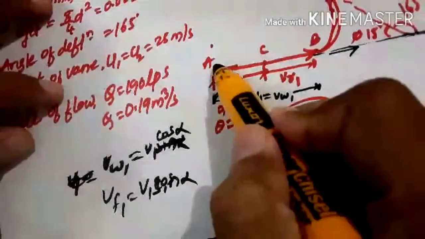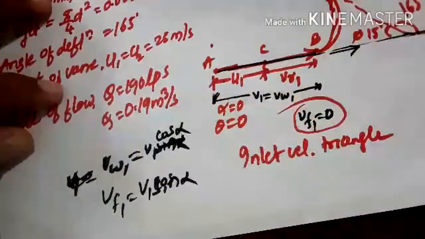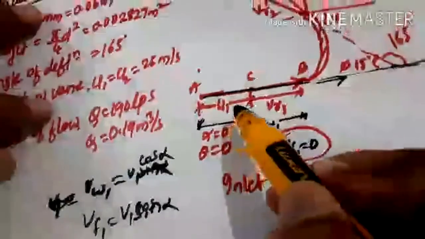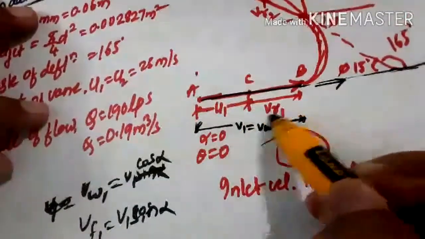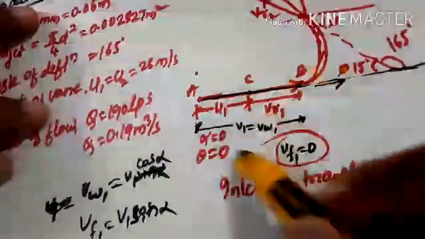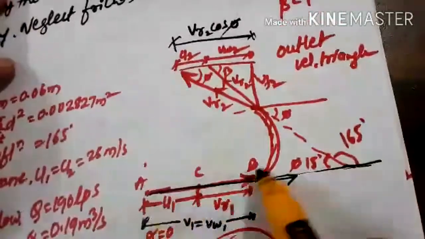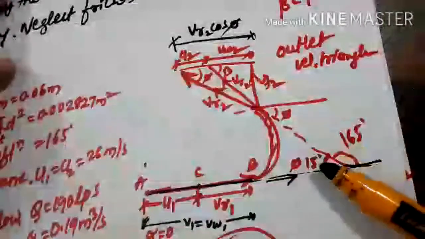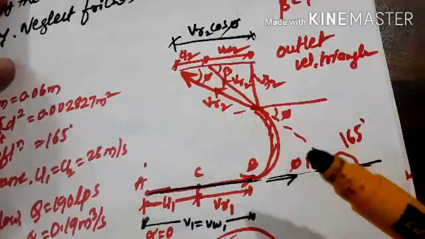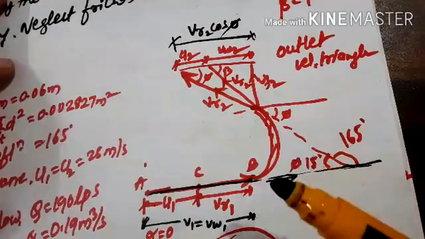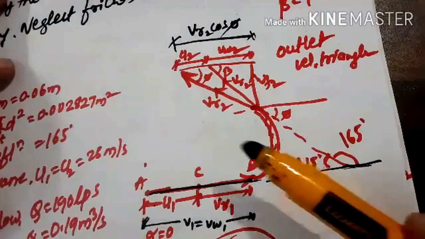So the inlet velocity triangle will be a straight line. Then mark the vane velocity, the relative velocity and the absolute velocity in the inlet and outlet velocity triangles. As the jet strikes, it deflects by an angle of 165 degree. The deflection angle is the angle made by VR2.